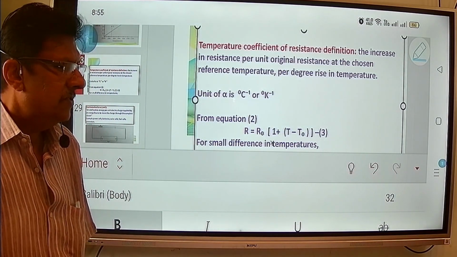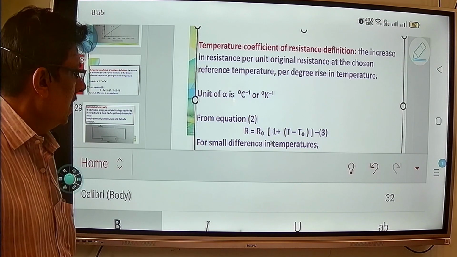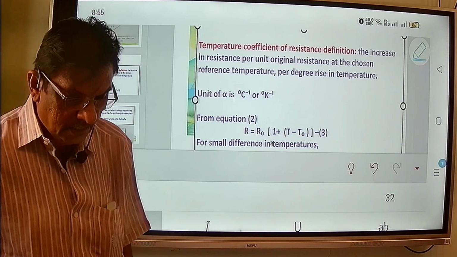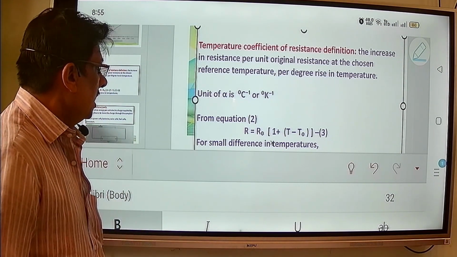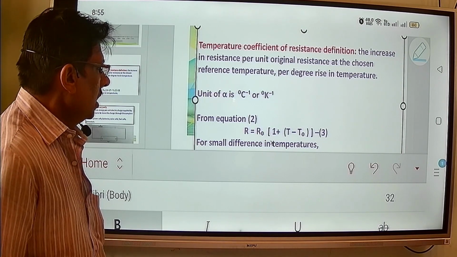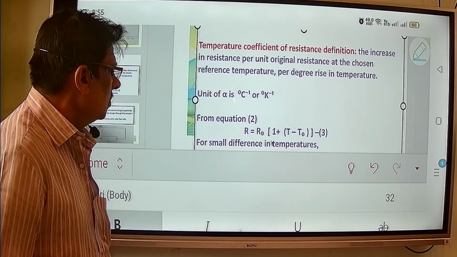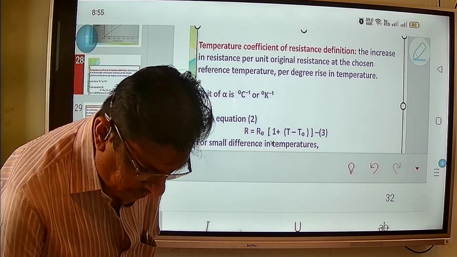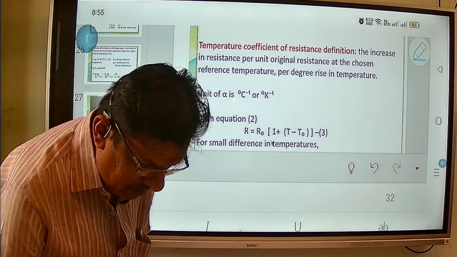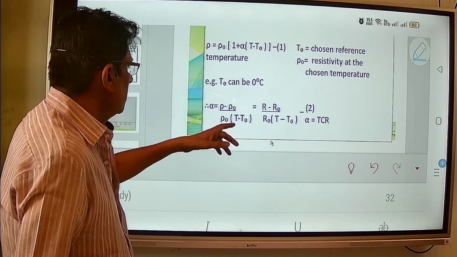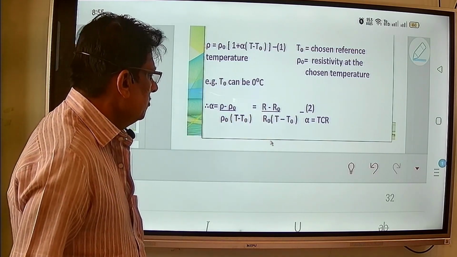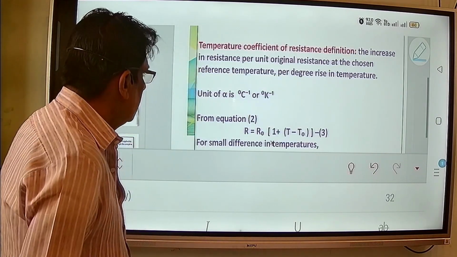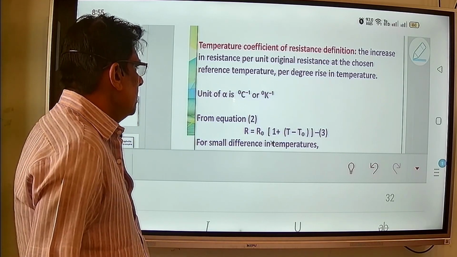The formula which we have derived is that R is equal to R0, and alpha is equal to (R minus R0) upon R0 into (T minus T0). On this basis, we are going to see how we can define it.